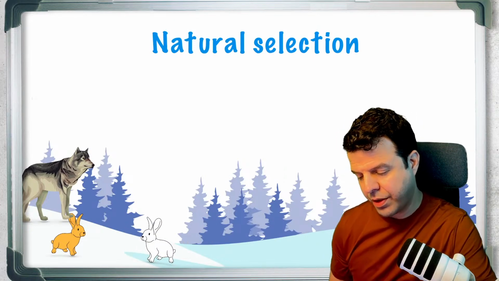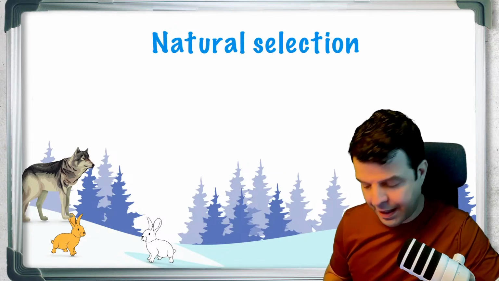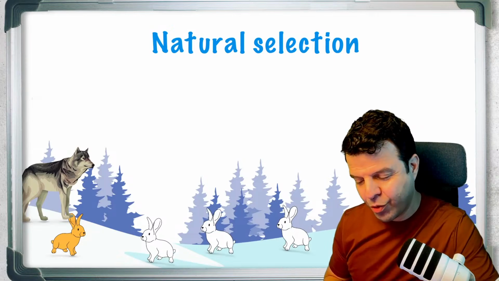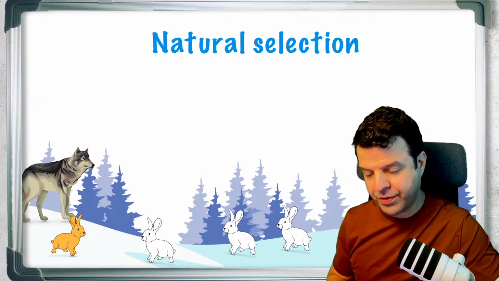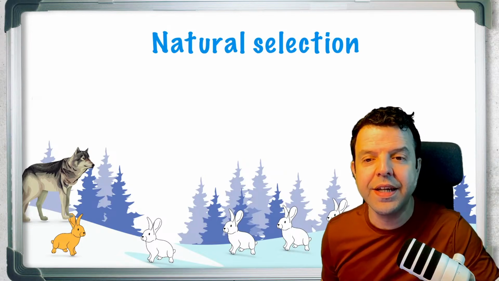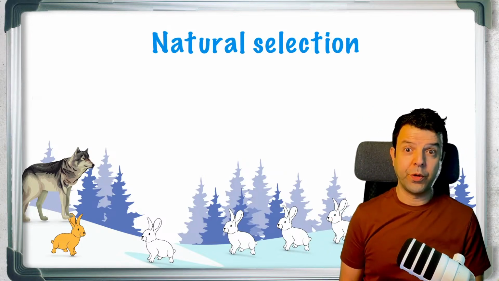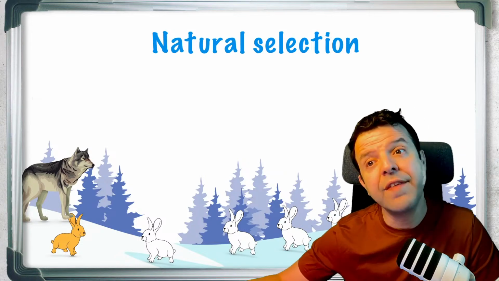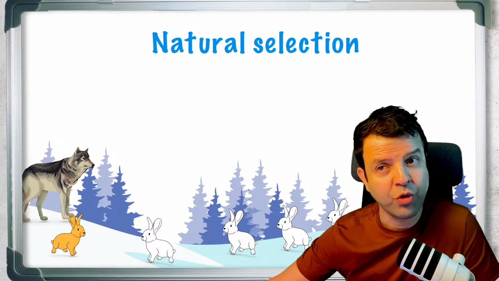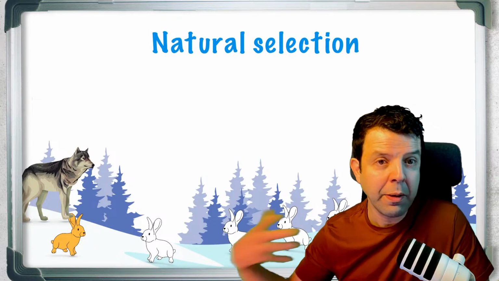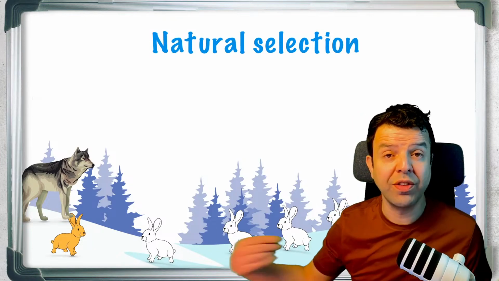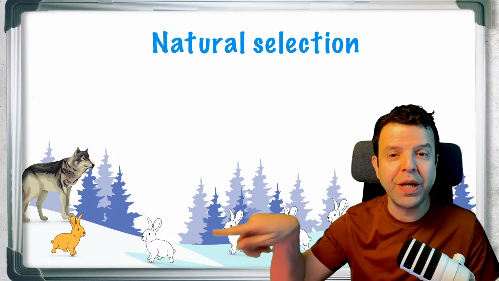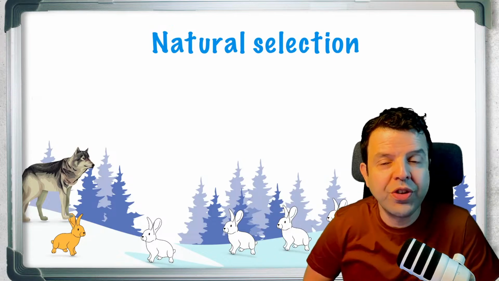And this guy, on the other hand, because it has the adaptive feature, will survive and reproduce, because it's barely seen in this environment. All right? So again, this mutation could have killed this rabbit if he was living in a different place. Say if he's living in a warm place, being white like this would not be advantageous. But here it's a great advantage because it would help him to survive.